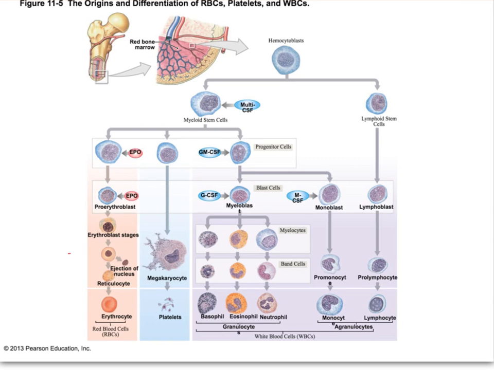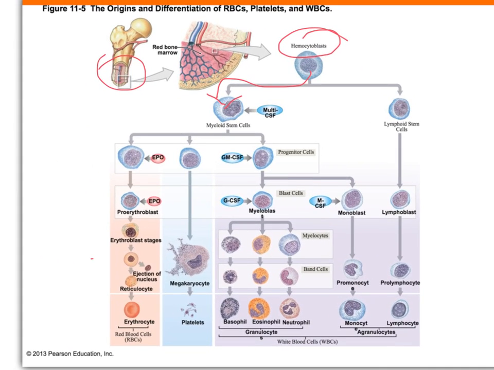Okay, so let's backtrack, or say once again, retrace what we just said. You have hemocytoblasts. The hemocytoblasts are in the red bone marrow, which is indicated here. And the hemocytoblasts produce myeloid stem cells, and some of the myeloid stem cells go on to mature. Some of them are destined to become the red blood cells eventually, so that's following the path that I just put an arrow onto here.